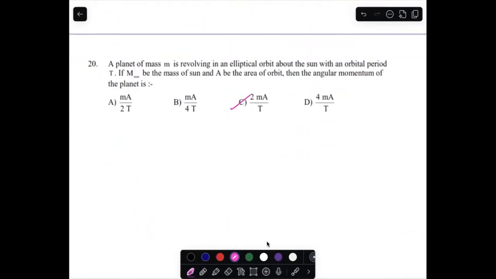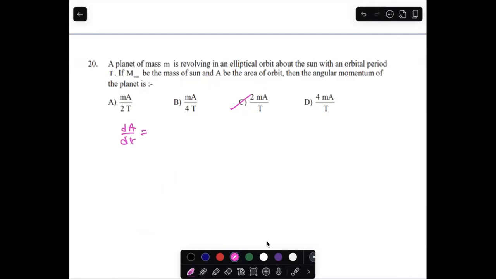20. A planet of mass m is revolving in an elliptical orbit around the sun with an orbital period of T. If M be the mass of the sun and A be the area of the orbit, then the angular momentum of the planet is. And there is a relation from Kepler's second law, dA by dt.